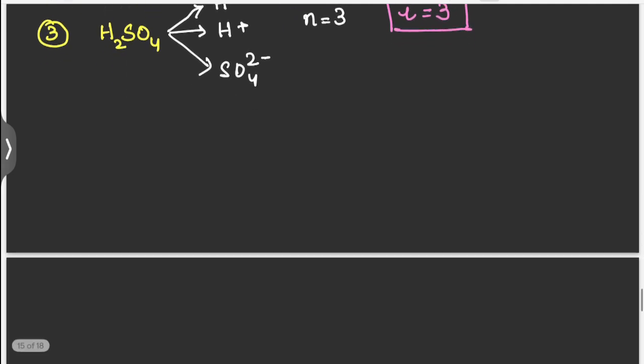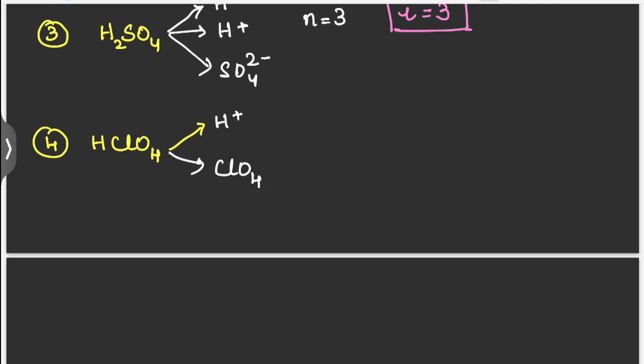So one more example you want to try. Fourth one, HClO4. For this one I want you to try and write the value of i in the comment section. This is going to break as H plus and ClO4 minus ion.